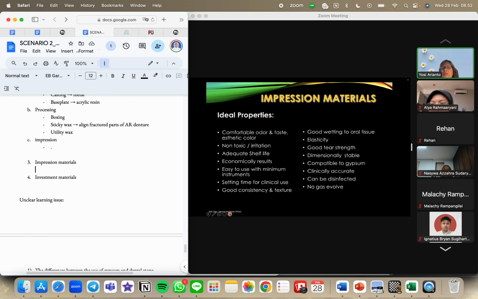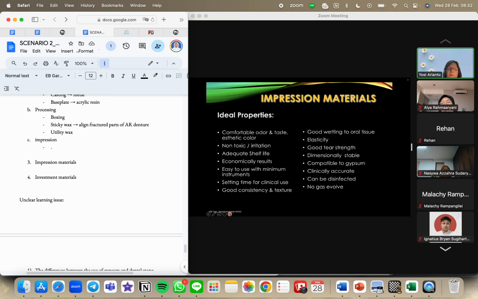It's not something that you would like to have in your mouth. Yeah, and also it should not be toxic or irritate the soft tissue of your mouth. And they have an adequate shelf life.